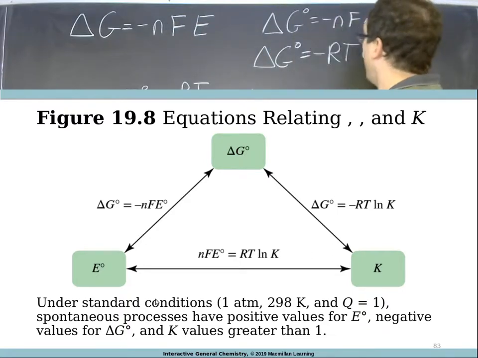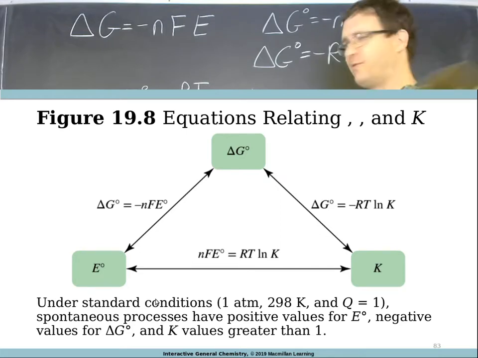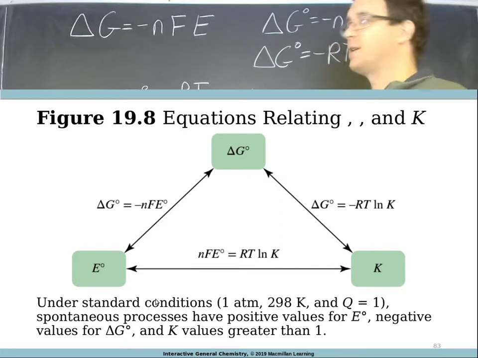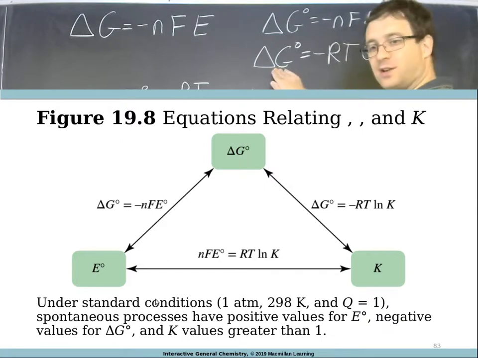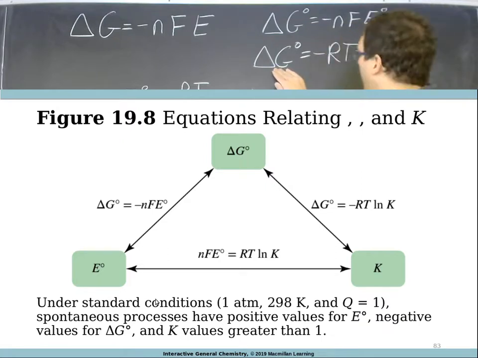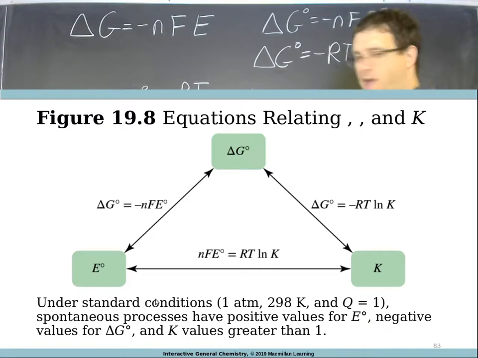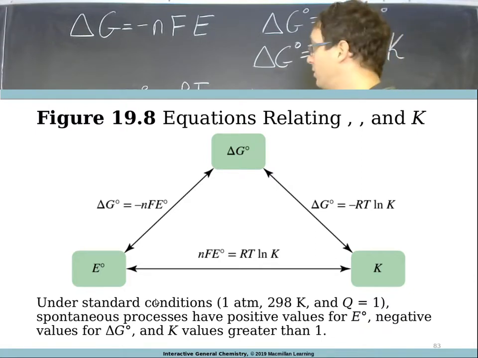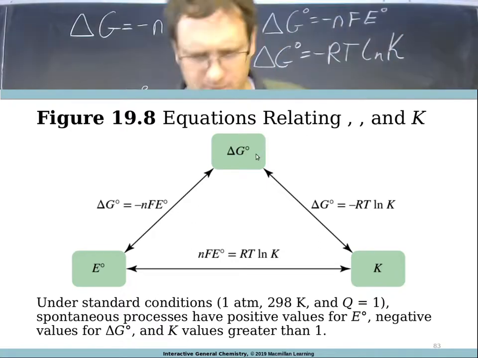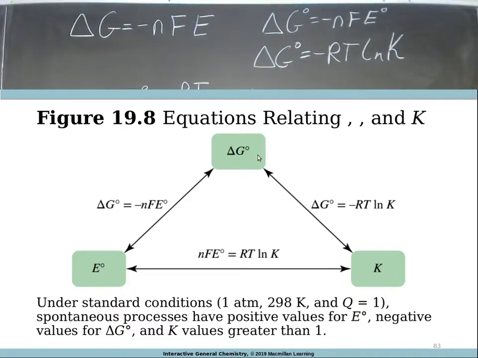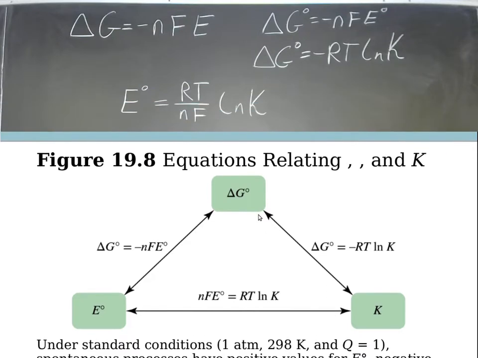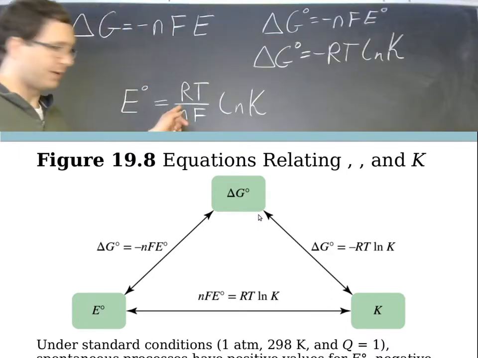If we want to do a problem involving the equilibrium constant and the Gibbs free energy, then it's this. Delta G naught is equal to negative RT ln of K. And then if we want to do a problem that involves relating the standard potential to the equilibrium constant, sorry, I need to drag this down a bit, there we are, then we can use E naught is equal to RT over NF ln of K.